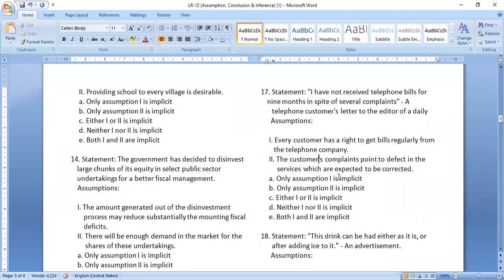I think it would have been more general to make it plural, so you could say that the customers complain. So it's not just one customer, but every customer, a general customer, right? So every customer's complaints point to defect in services which are expected to be corrected by the service provider, right? So let's move on to 18 then.